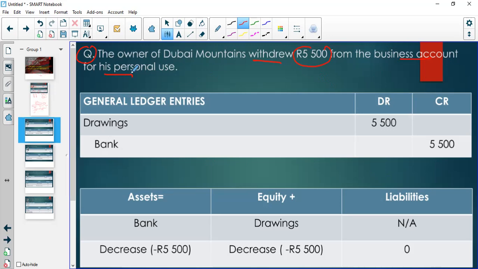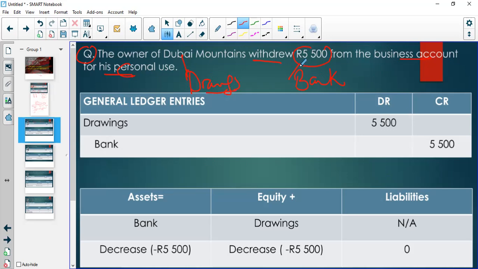And for you to be fluent at doing that, you need to remember those various accounts that fall under assets, equity, and liabilities. So if you look at this, the owner withdrew cash, so the bank account has been affected. But it's the owner who took the cash for personal use, so the drawings account has also been affected.